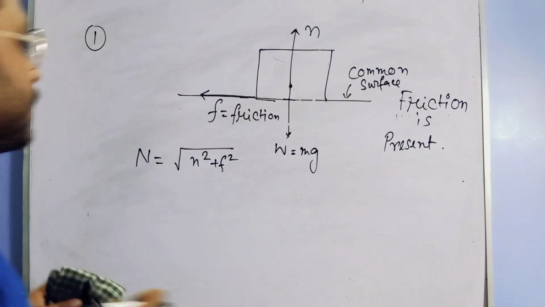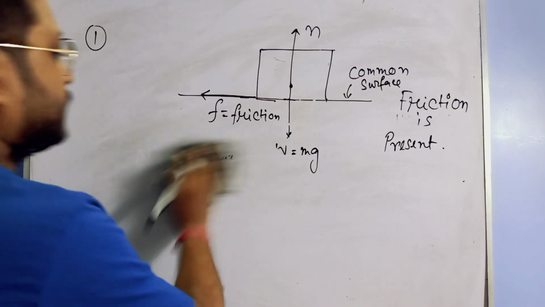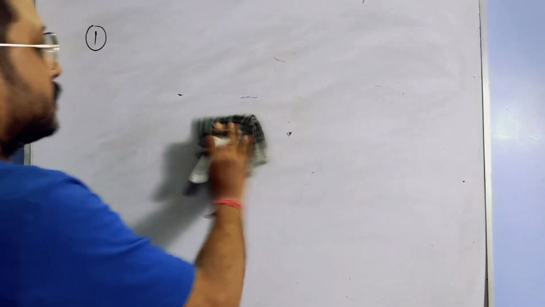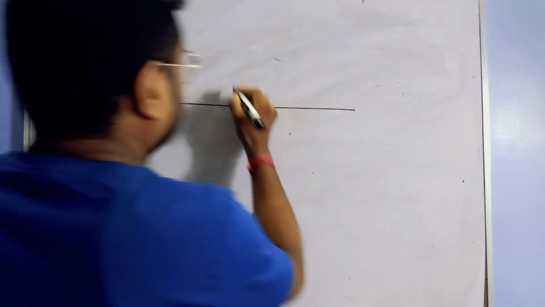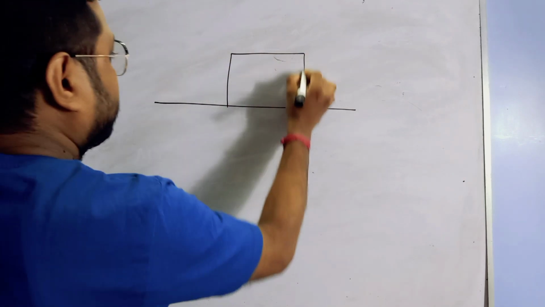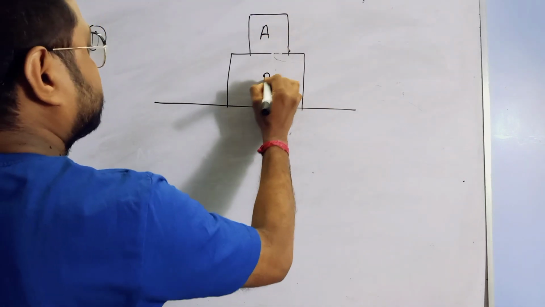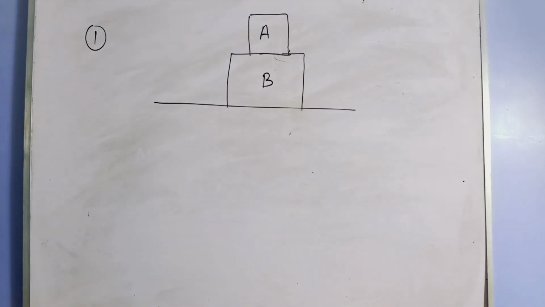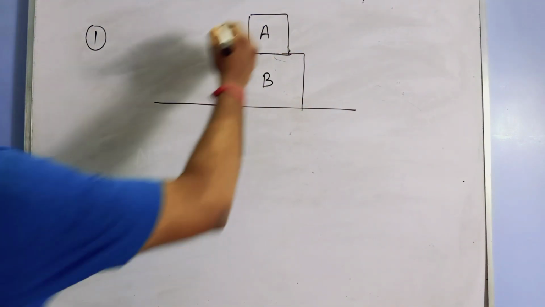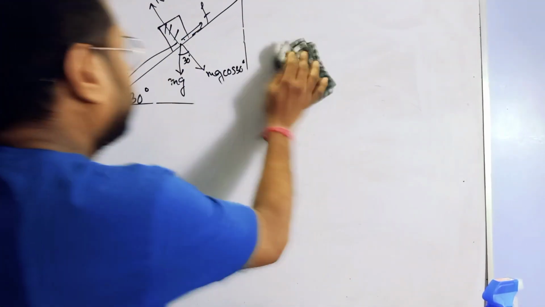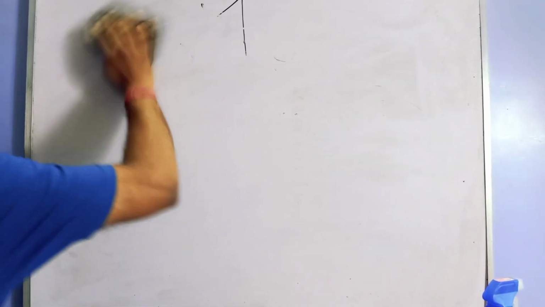We draw another picture of two blocks, A and B. Block A is upon block B, and we do a very important numerical to solve this.